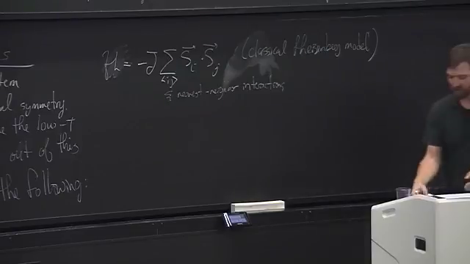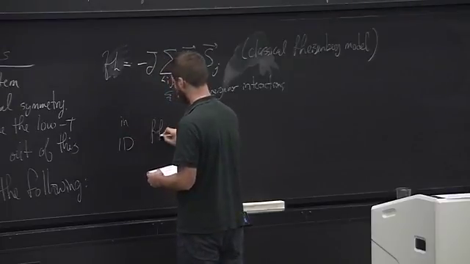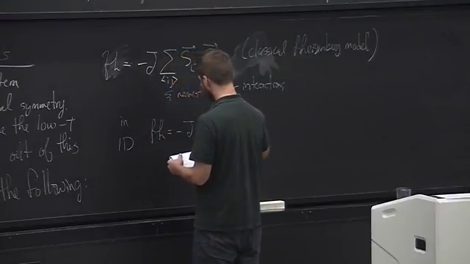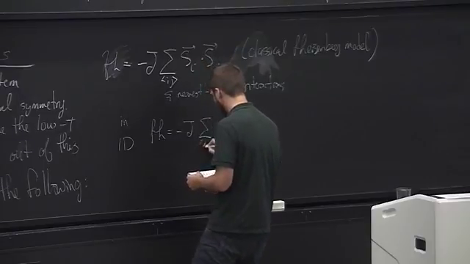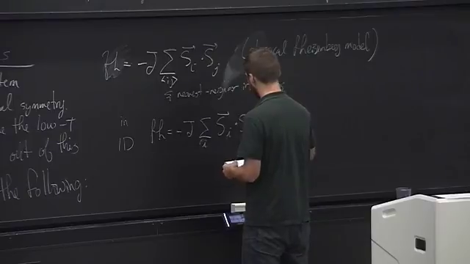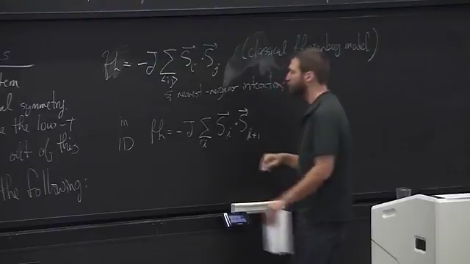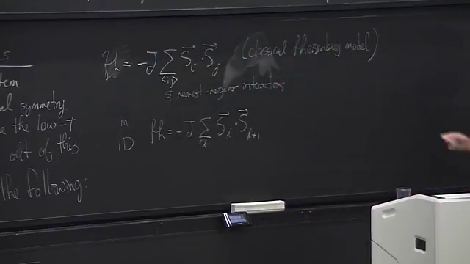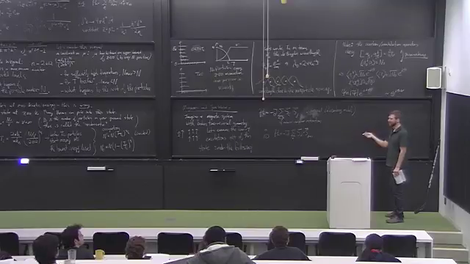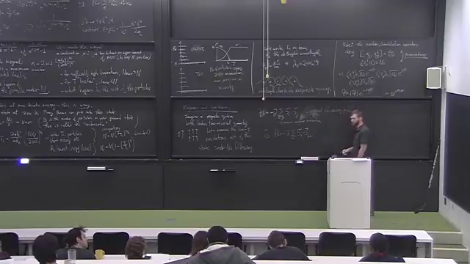In 1 dimension, this Hamiltonian could also just be written indexed by i, and then it'd be i plus 1, up to some factor. There's one bond per site, but I'll just ignore that factor. So my Hamiltonian is just a sum of S_i dot S_{i+1}.